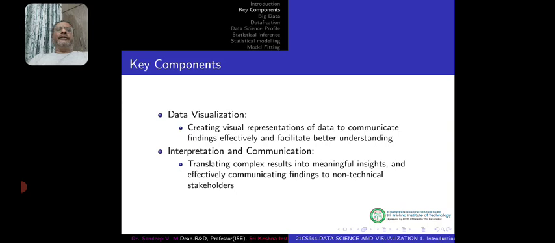So it is always better to have a visual aid to explain the results, the process, and the data. If you are talking with your stakeholder, it's always better to work with a plot instead of a set of numbers. So here the data science and visualization key components have been presented.